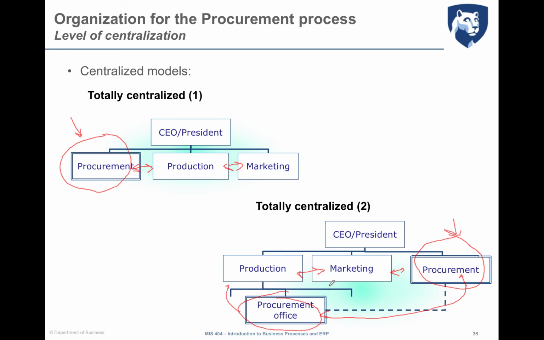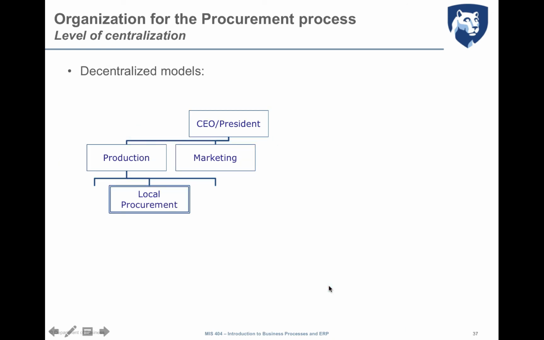But as you will see in the next example, it will be clear how this model can be configured in a different way, as a decentralized model instead. This is the other most common, diffuse model for decentralization. As you see, at the first level there is no procurement department present in the organizational chart of the company.